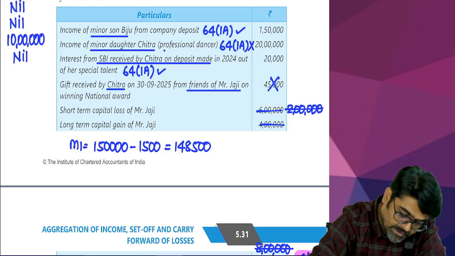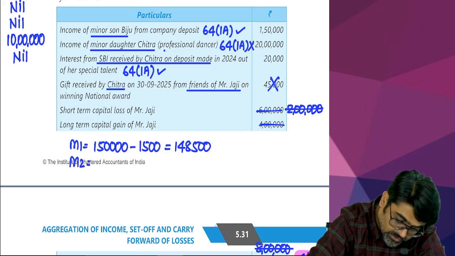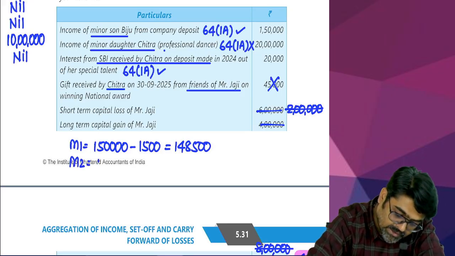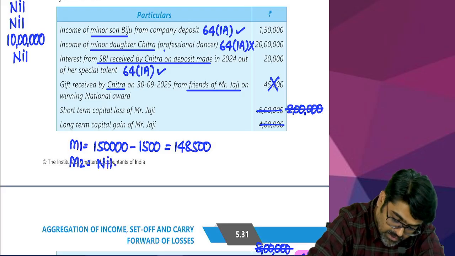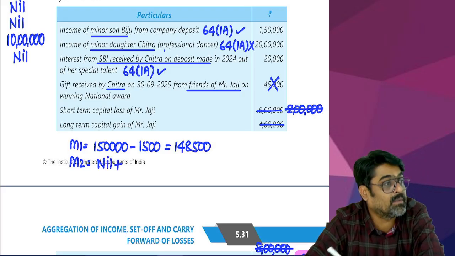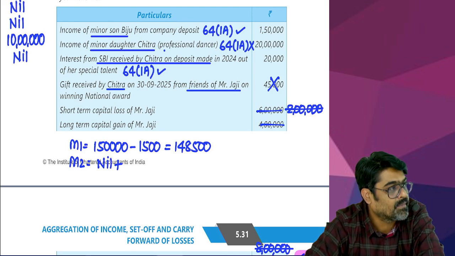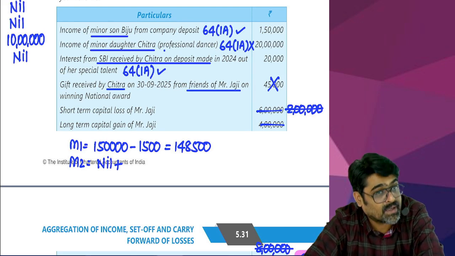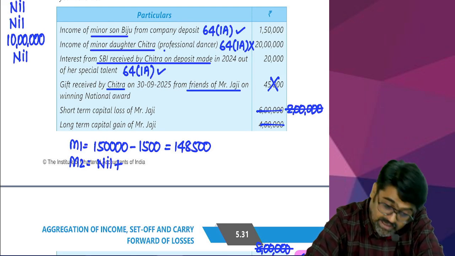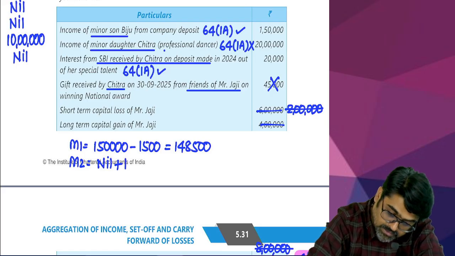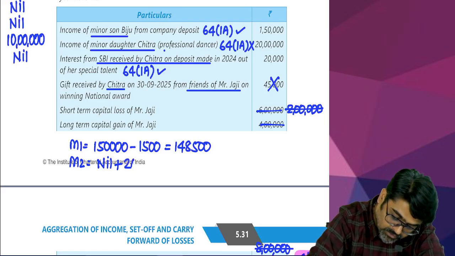1,48,500. Second, minor child 2, Chitra. Yes or no? Chitra's professional income is nil and will not be clubbed. But that professional income was deposited in a bank, and from that bank deposit interest is earned, and that interest will be clubbed. How much? 20,000. Yes or no?